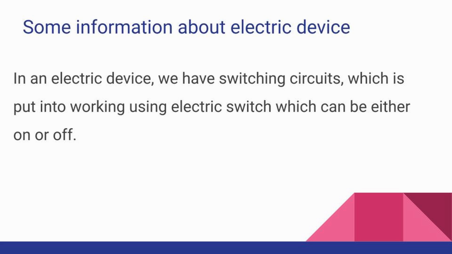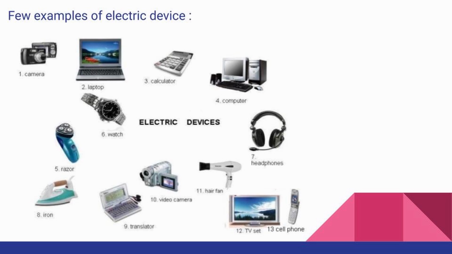Similarly, in an electrical device, we have switching circuits, which is put into working using electric switch, which can be either on or off. Here are a few examples of electrical devices you can see. We have camera, laptop, calculator, computer, razor, watch, headphones, iron, translator, video camera, hair fan, TV set and cell phone.